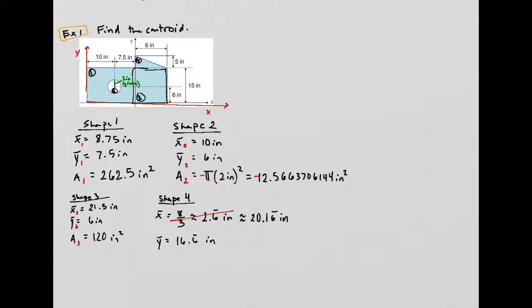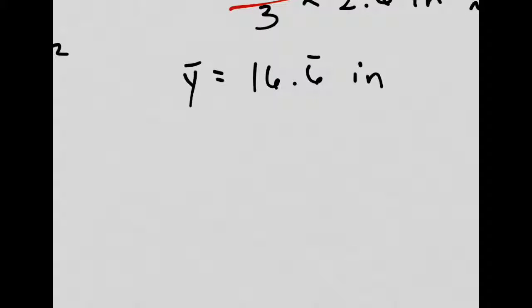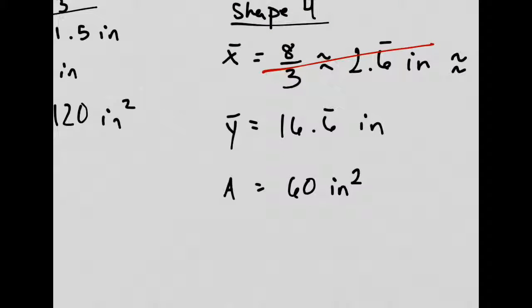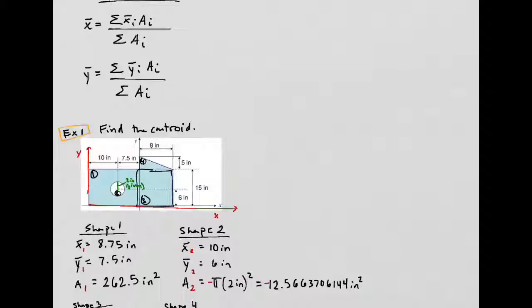Very nice. And the area, well, that's just 1/2 times base times height. And that's just 60 inches squared. So that's what we have. This is shape 4. All right, in part 2, I'm going to use these formulas and put it all together to find my x bar and y bar.